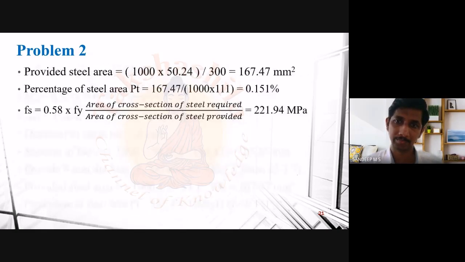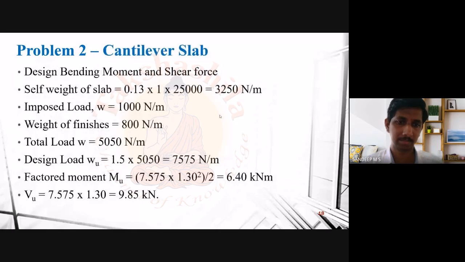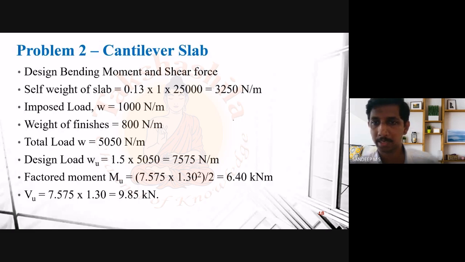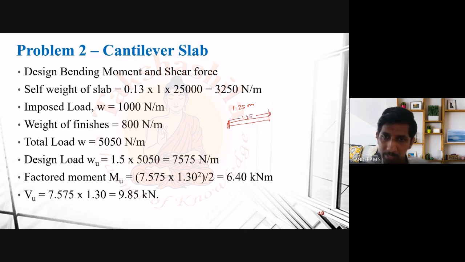Okay, sure. So basically our clear span is given as 1.25 meters, right? Now, as per the condition given in the code, once you have a cantilever like this, the code suggests that the effective span in this case will be this 1.25, which is the clear distance, from this end to the face of this support.